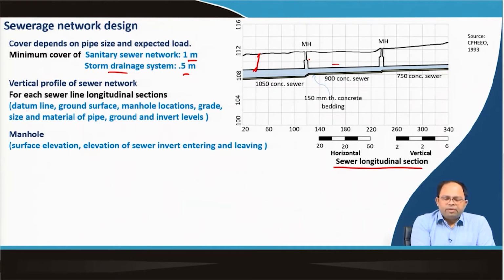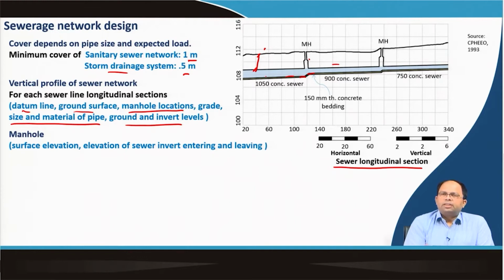And then here we mention the datum line of the sewer. That means what is the datum available, the ground surface level, the manhole locations, the grade of the sewer, the slope of the sewer, the size and material of pipe, and the ground and invert levels. So, what is the invert level for each of the sewers, particularly at the manhole, the incoming sewer invert and the outgoing sewer invert level.